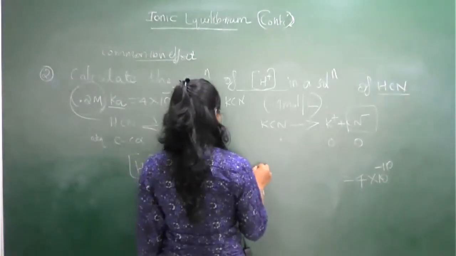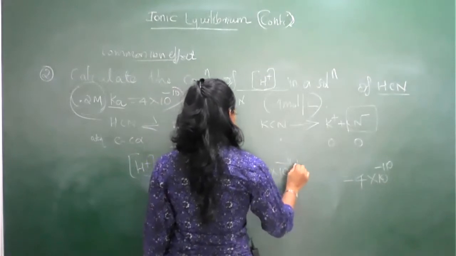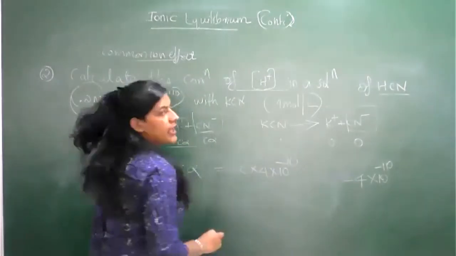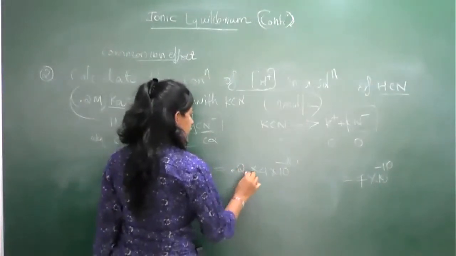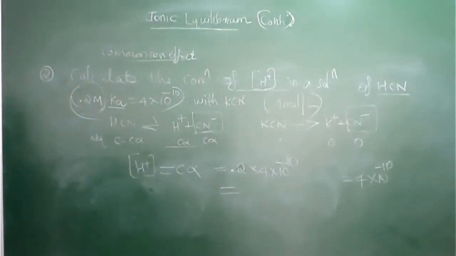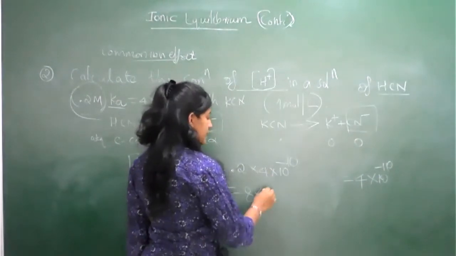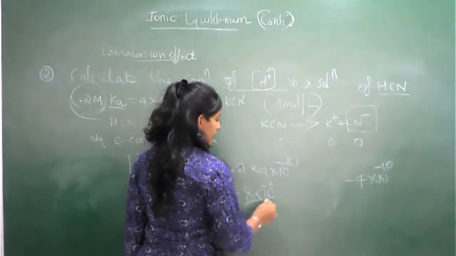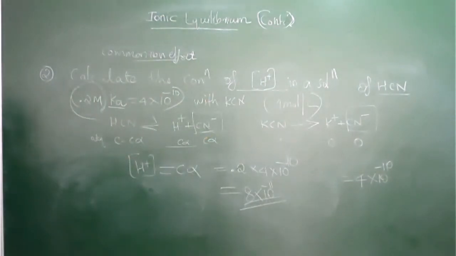So C into 4 into the... already you know, it is 0.2. What about the answer? Every time you want to do like 8 into 10 to the power minus. This is the H plus ion concentration.